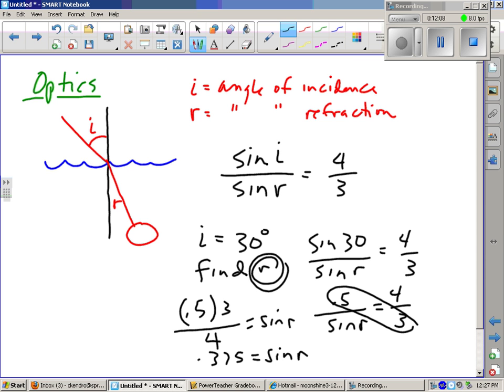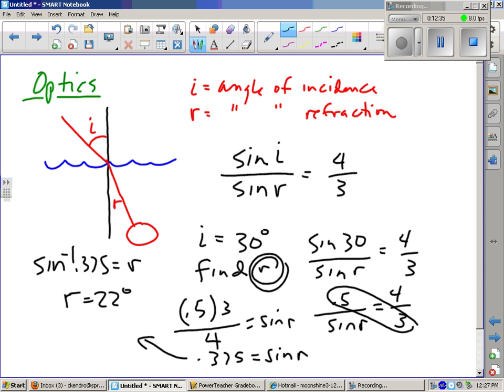If we're given the sine of R, I need to take the inverse sine of 0.375, and that will equal R. So inverse sine of 0.375 is approximately 22 degrees.